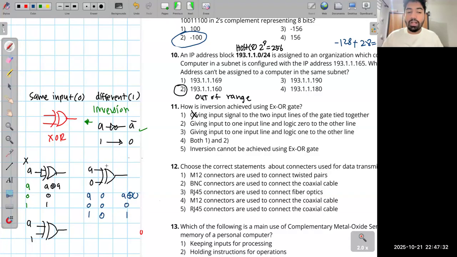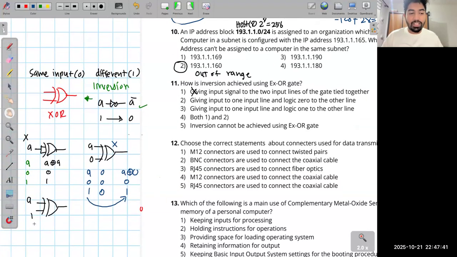Different input gives you 1. It also doesn't give you the opposite. It gives you the same answer. But if you send A and 1, A XOR 1, it will give you the opposite.